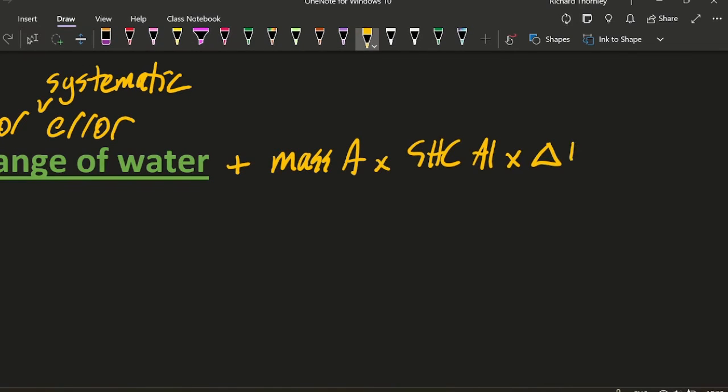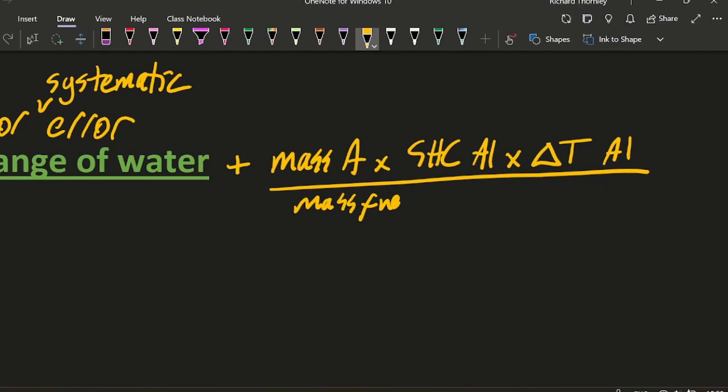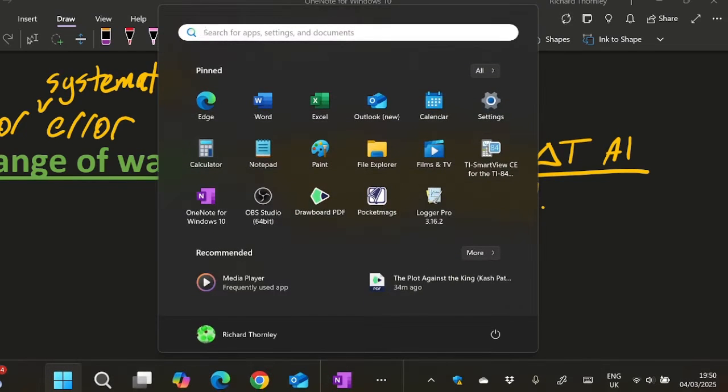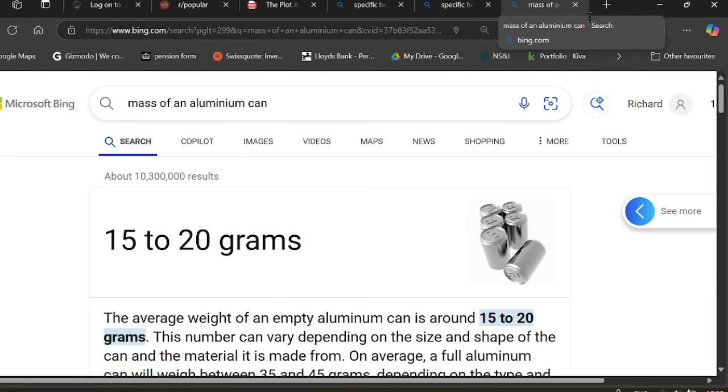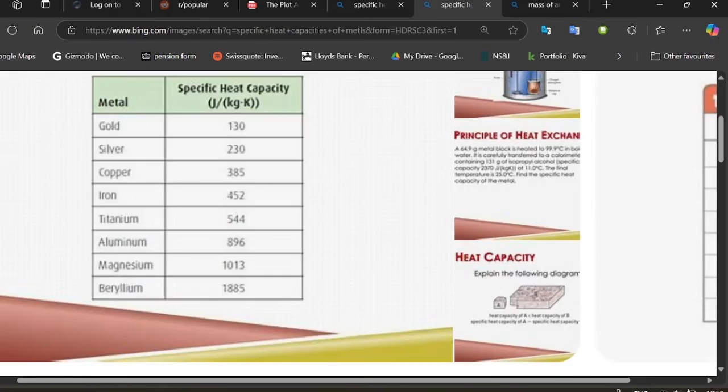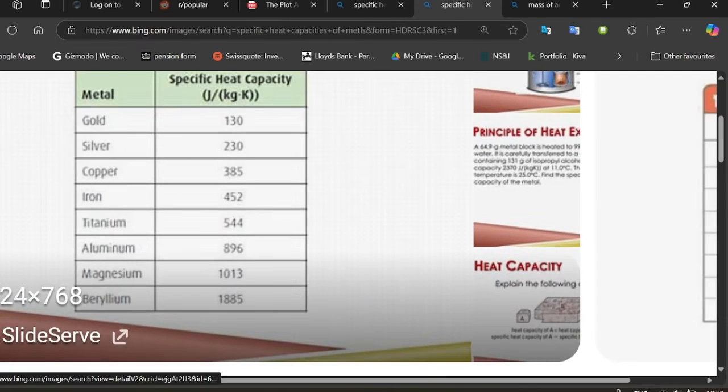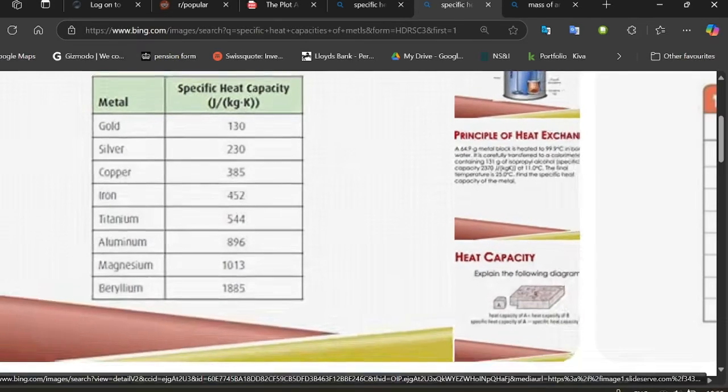Multiplied by the temperature change of the aluminium, divided by the mass of fuel, and that's divided by the molar mass of fuel. Well, I didn't have the brains to measure the mass of the aluminium, so I looked it up on the internet. So let's say 20 grams, and the specific heat capacity is 896 joules per kilogram.